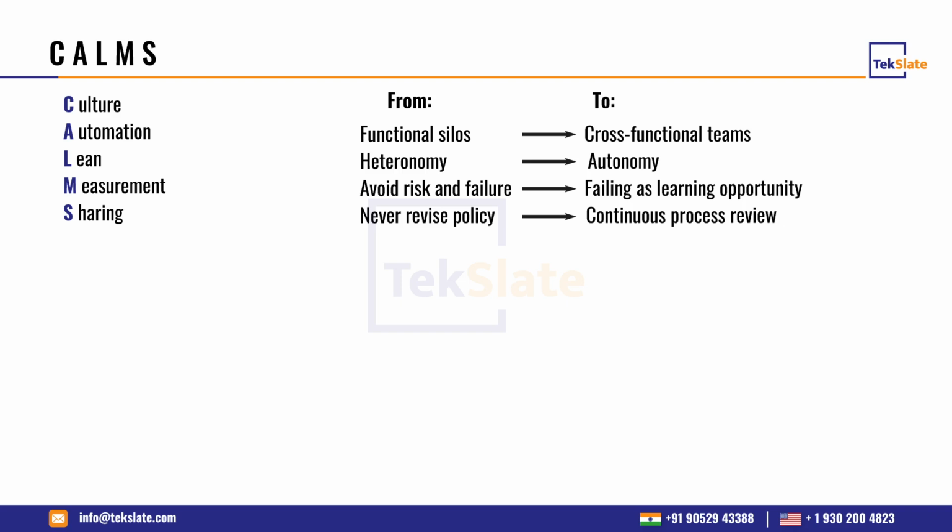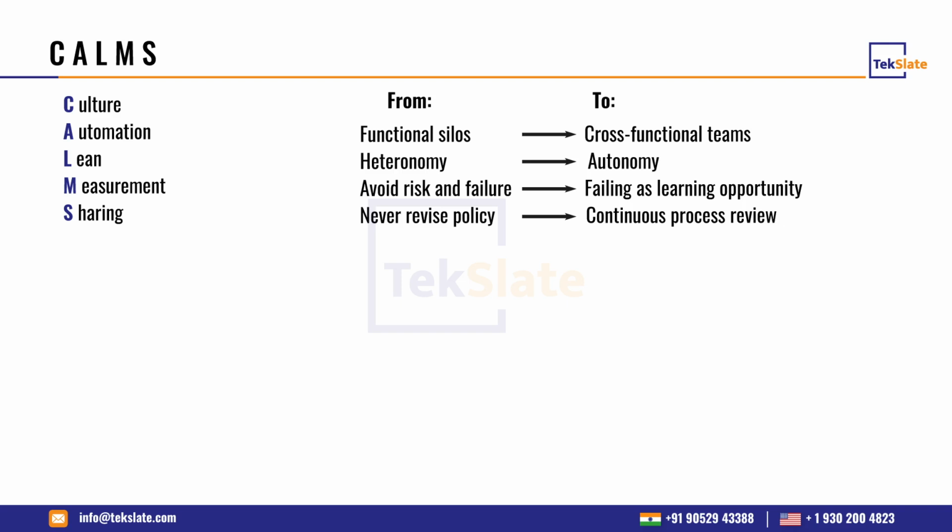Because DevOps says that you have to fail often and fail fast, and that's where all the tooling also comes in, which will be outlined in this course. The mindset is that you have to fail early, to increase your business value and your development efficiency, rather than having the mindset of not taking the risk and failure. Never-revised policies should be changed to continuous process review, because DevOps comes from agile, and agile comes from continuous change.